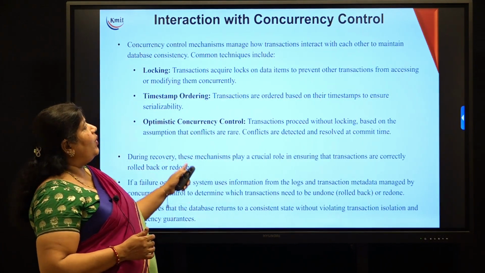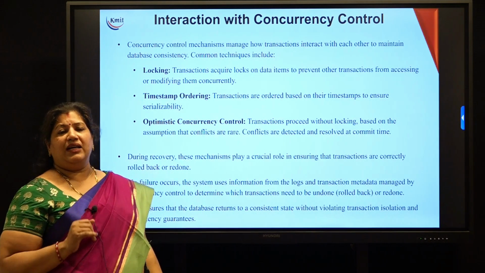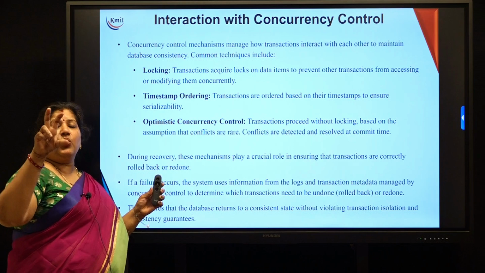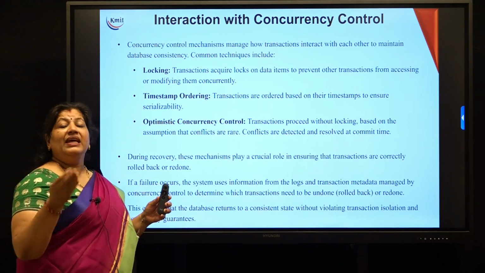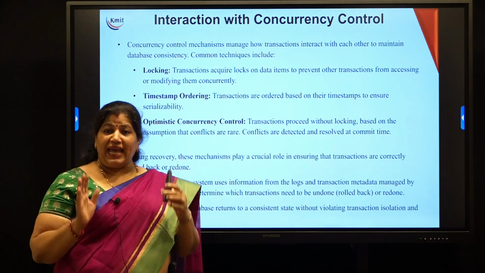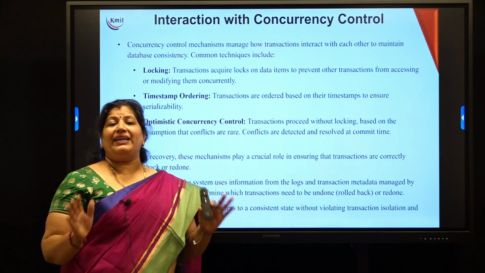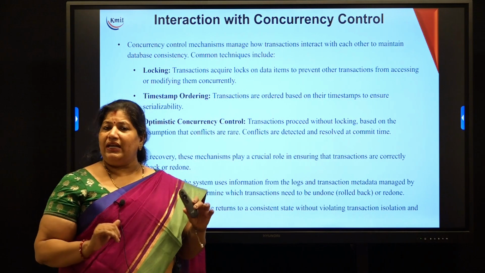When I talk about interaction with concurrency control, we know that the concurrency control module of the DBMS is responsible for ensuring concurrent execution without affecting the database consistency or integrity.